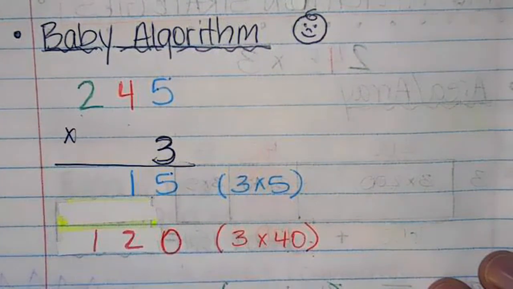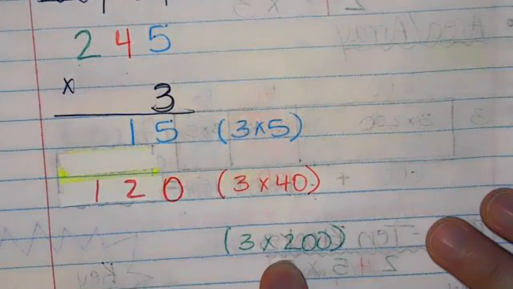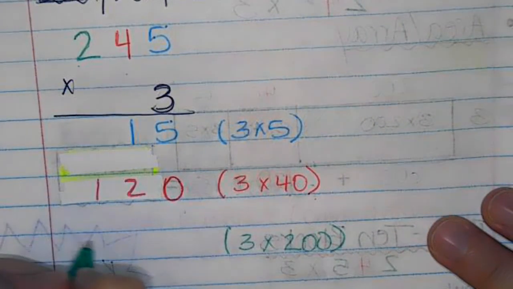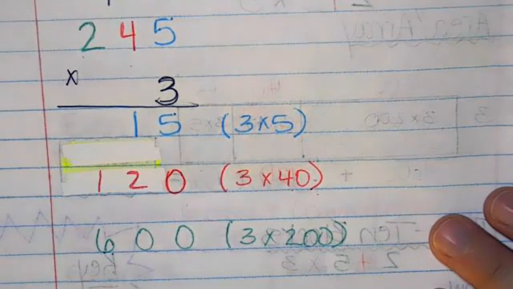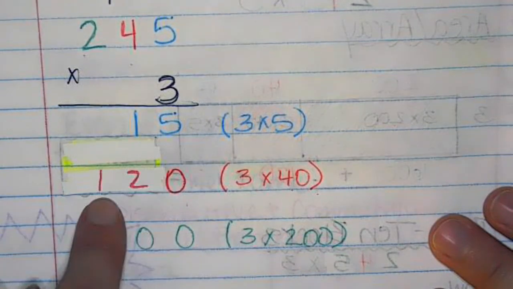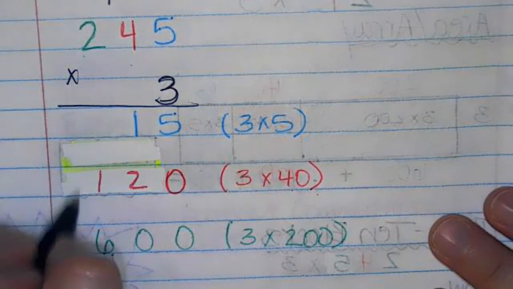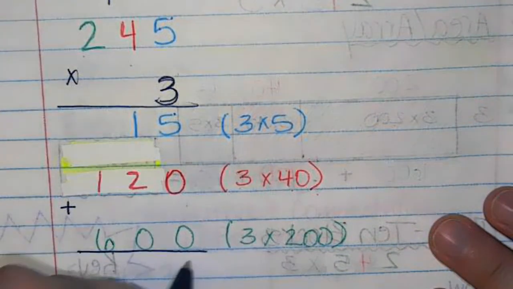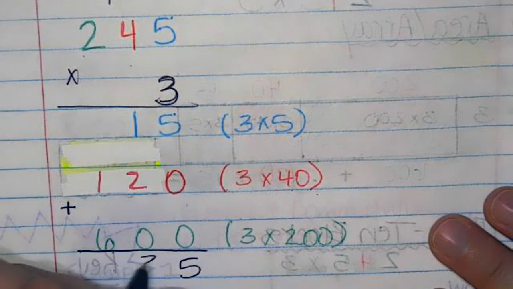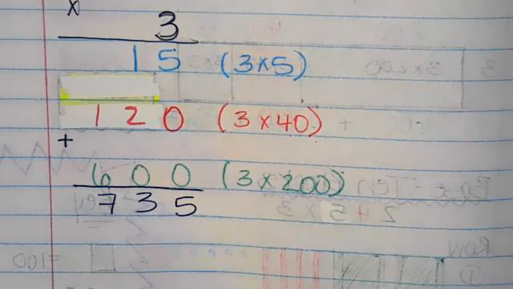We find that 3 times 2 is 6, plus 2 more zeros, which is 600. These three amounts, 15, 120, and 600, are all of our partial products. So we need to put these partial products together. And what we get, again, is 735 as our final product.